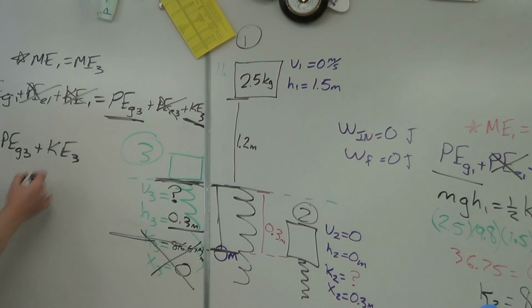And specifically, we're solving for the 1/2 MV3 squared. We're solving for that V within that KE. But yeah, ME, that's going to cancel, obviously, because it's still not moving, and there is still no compressed spring. Assuming you don't redefine your height, which I don't encourage you to do.